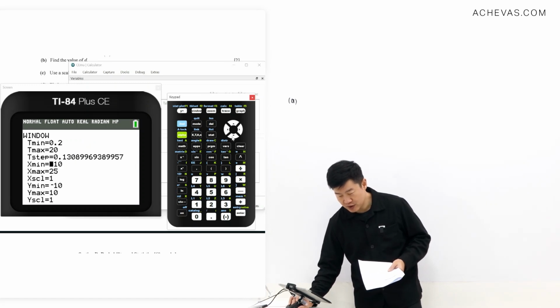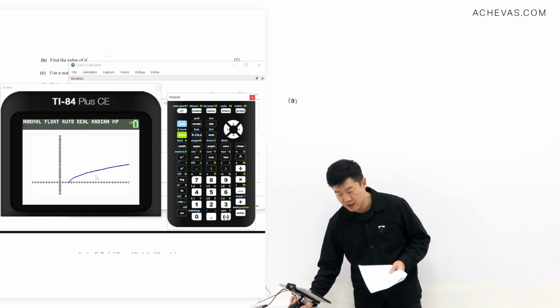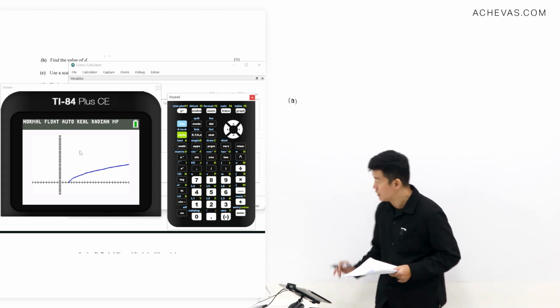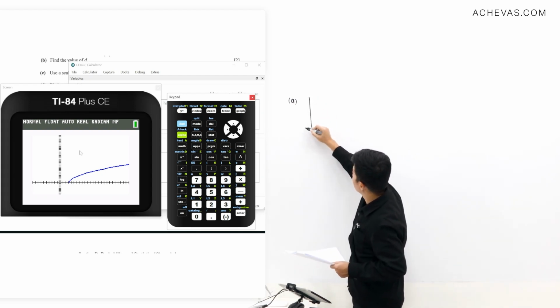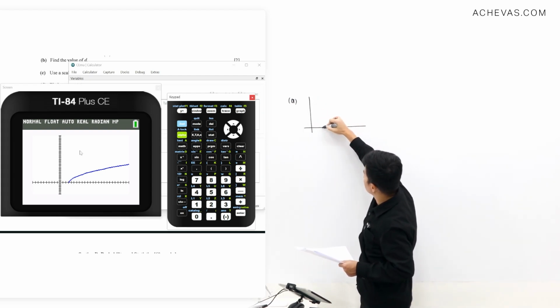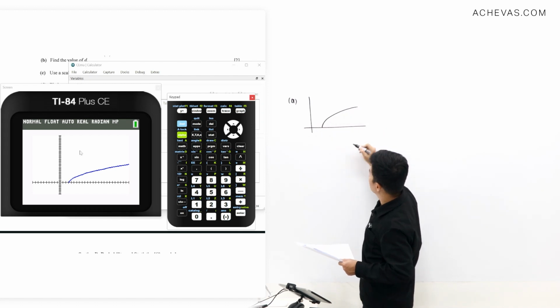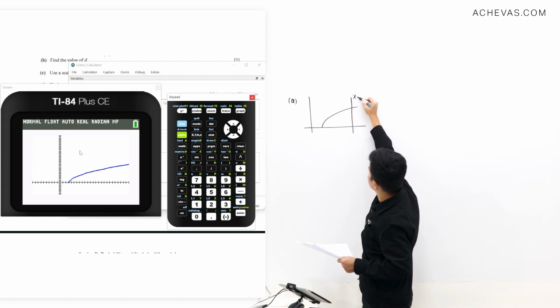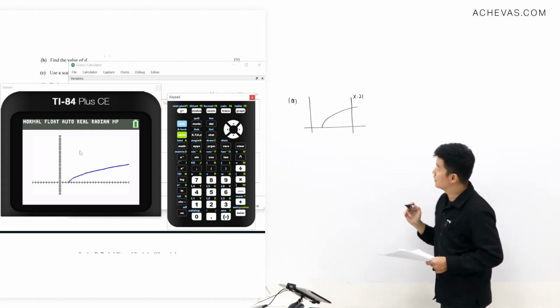So let me also try to change y maximum to, let's say, 40. Let's see how the graph is going to be like. Okay, now I think I have a better idea of how this graph is going to be. I know my graph is going to be like this. Okay, and x is equal to 21 should be cutting the graph this way.